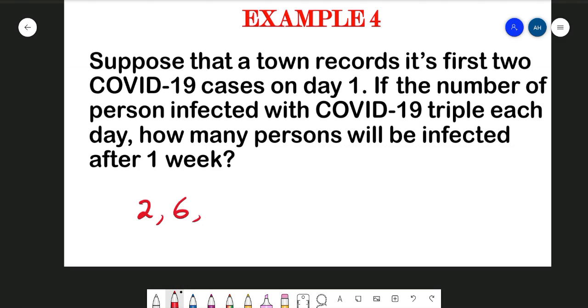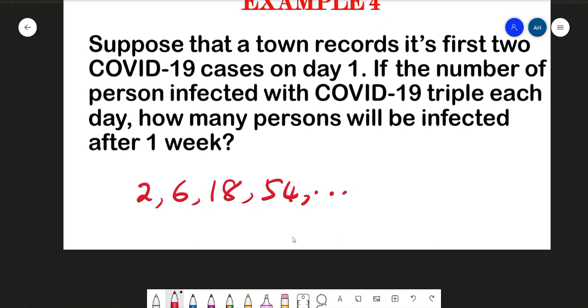Each day it will triple, so from 6 it becomes 6 times 3 is 18. Now triple again, 18 times 3 is 54, and so on and so forth. Continue the same pattern. Now clearly this is a geometric series.